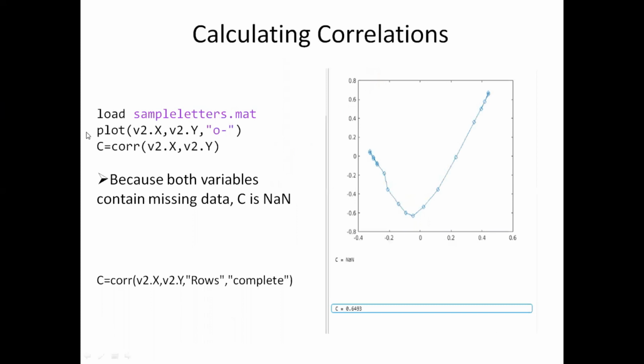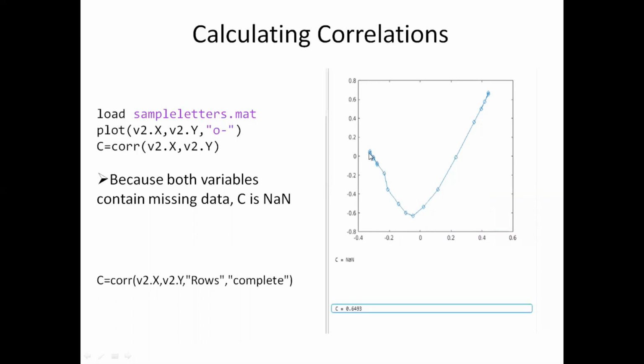We are using the same data, V2, that corresponds to the alphabet V. Here you can see the plot of V2.x comma V2.y, along with the data points.